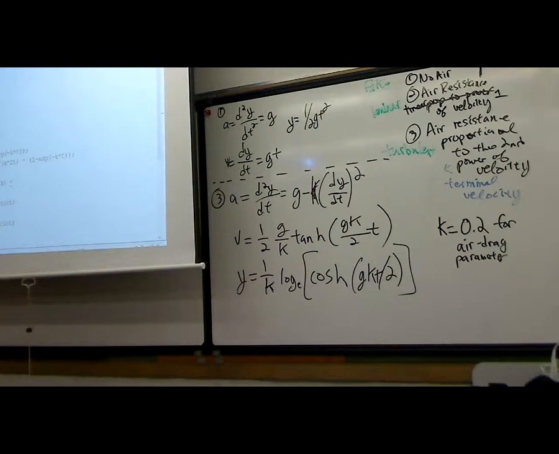This doesn't have a g over k. I'm looking at the wrong equations now. For v, yeah, so square root. Well, in the narrative, it's not square. Yeah, exactly.